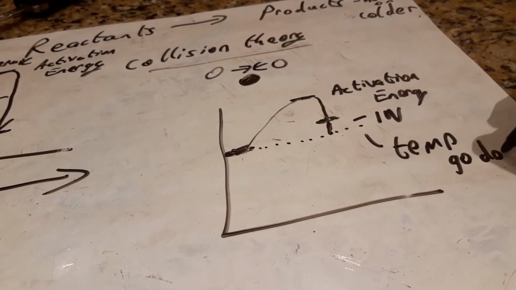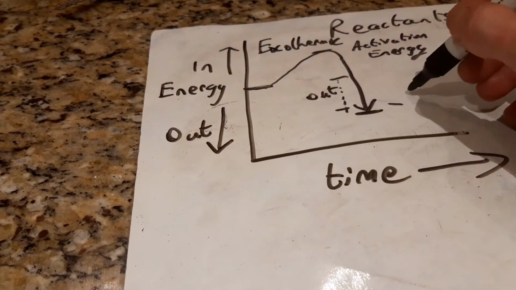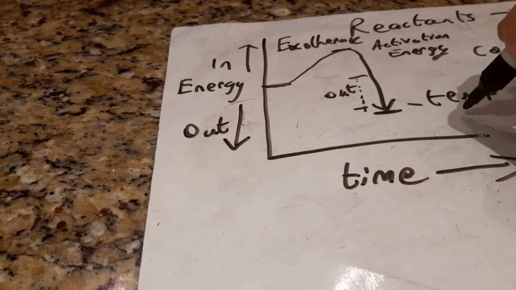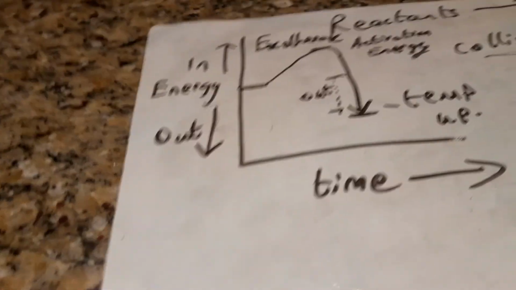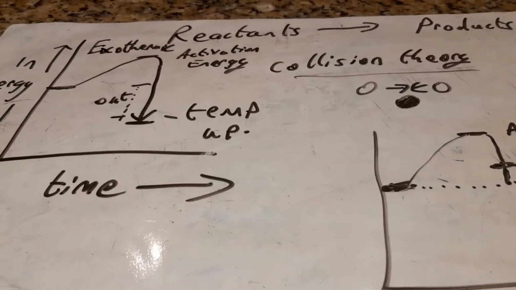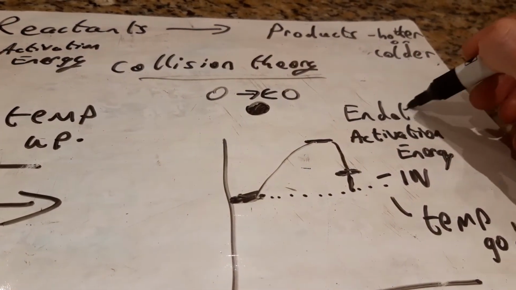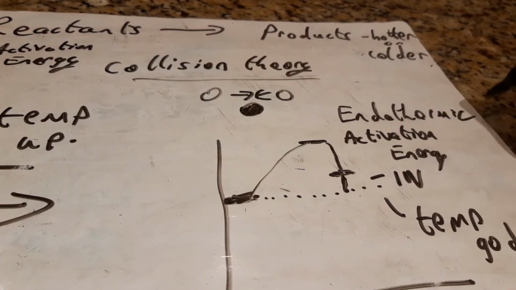So overall, what we'll notice in this reaction is that the temperature goes down. Here, the temperature went up. So overall, in an exothermic reaction, the temperature goes up. In an endothermic reaction, the temperature goes down.